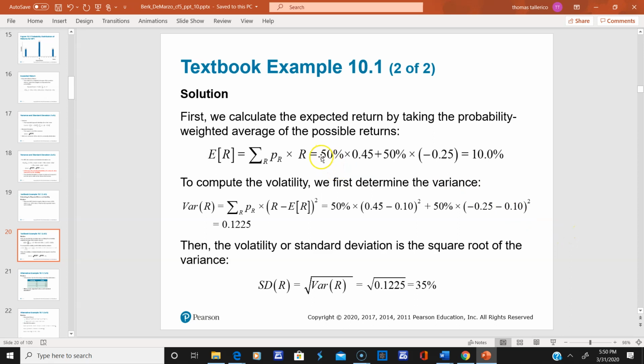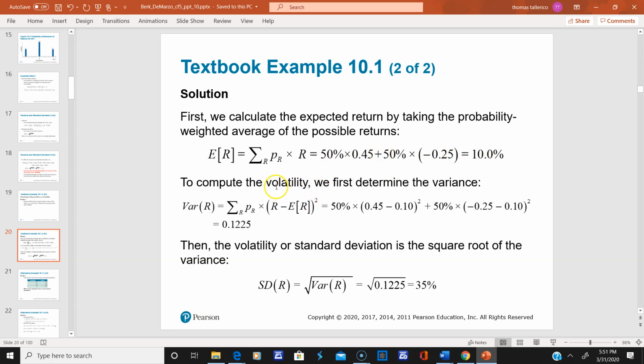So you notice here, here's the expected return that we talked about. The sum of the probabilities times the return. 50% times 0.45 plus 50% times minus 25% chance, right? And the expected return is 10%, right? So when they said equally likely, you had to know they meant a 50% chance of each, okay? So we got the expected return.